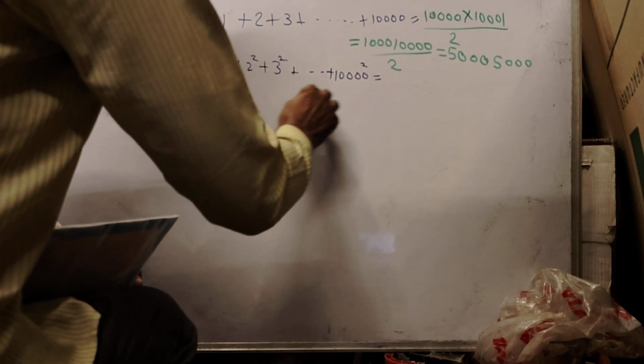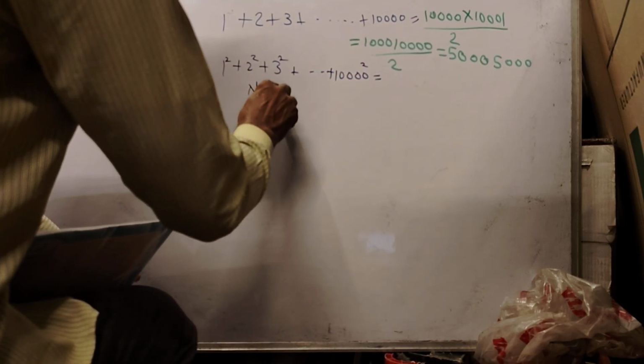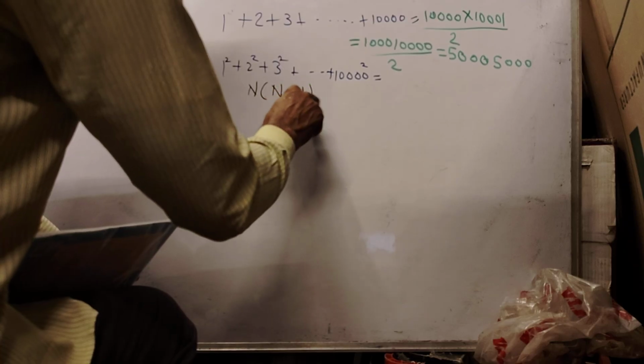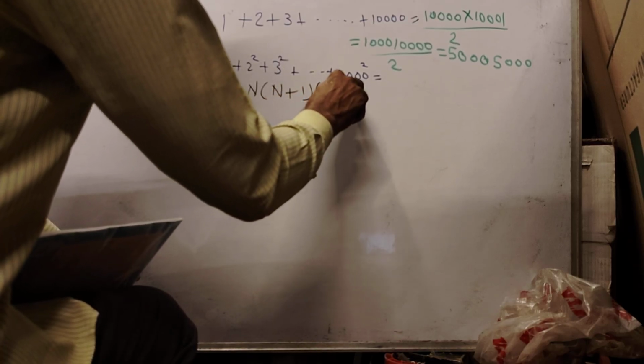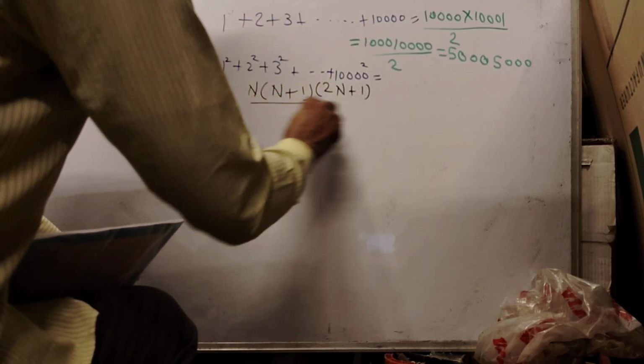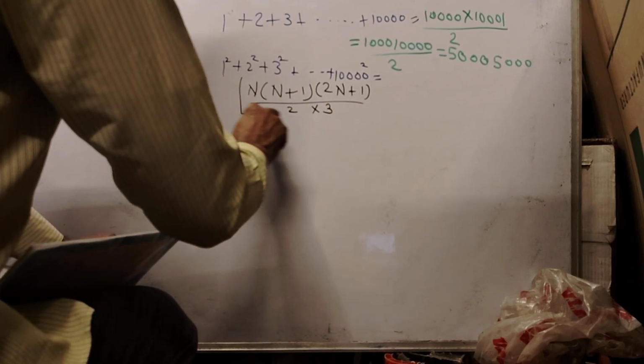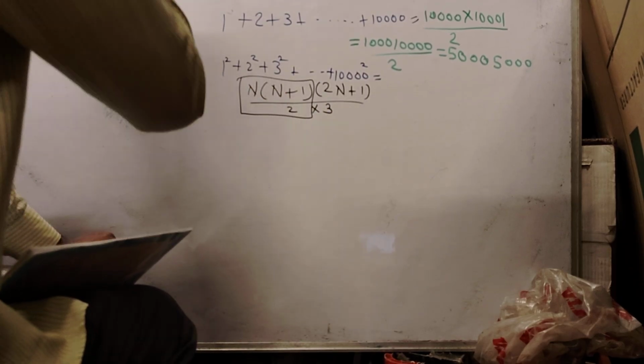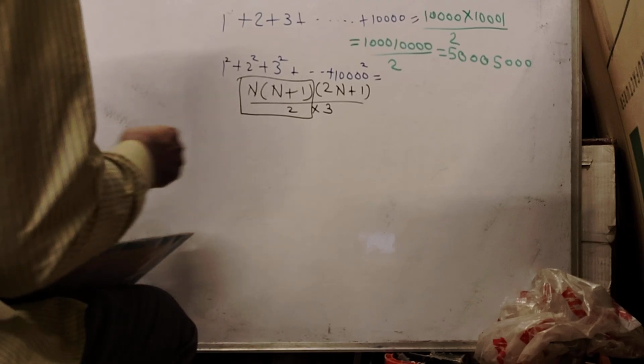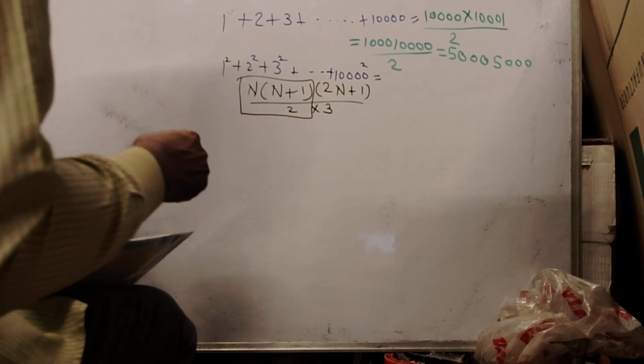So formula is n times n plus 1 times 2n plus 1 over 6. 6 is written as 2 into 3. So this term is similar to the natural number sum, and 2n plus 1 over 3 is the extra term.